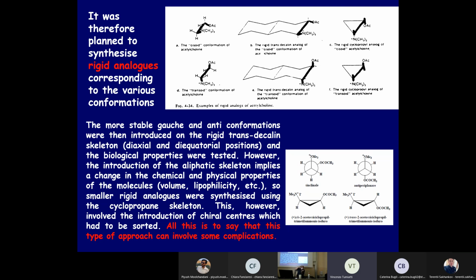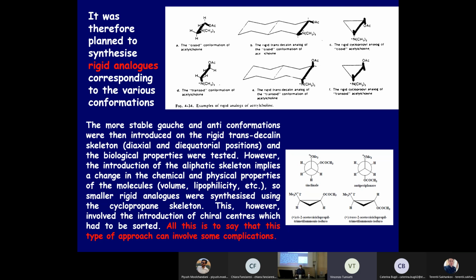There is a mutual interaction, and perhaps also high energy conformations of acetylcholine can be stabilized. So it is necessary to have a particular arrangement of the molecule of acetylcholine to have an optimal interaction.